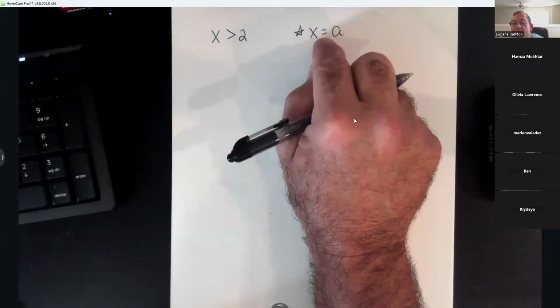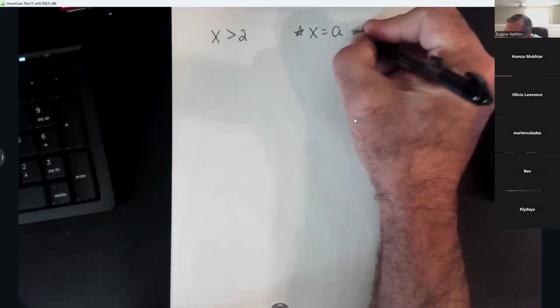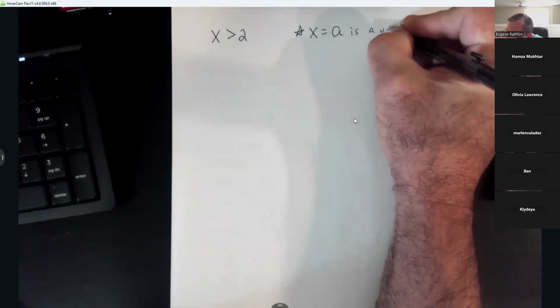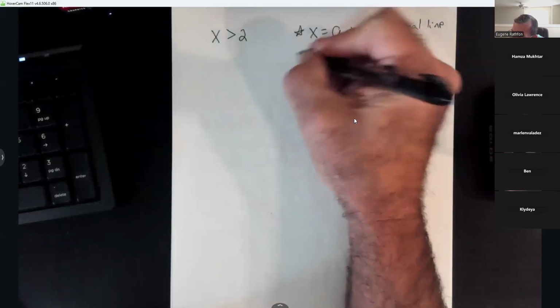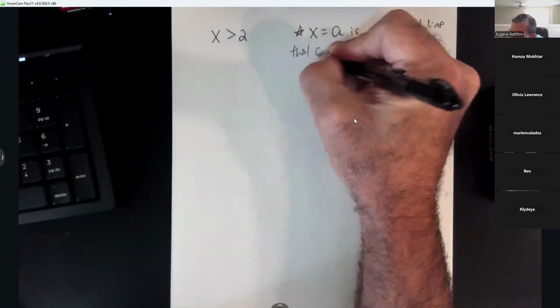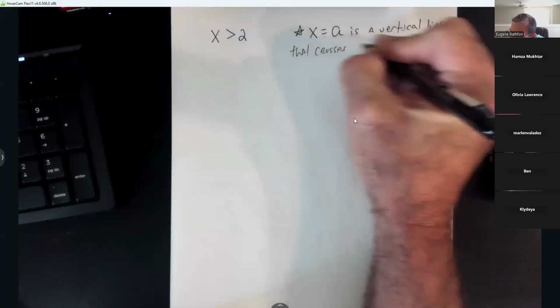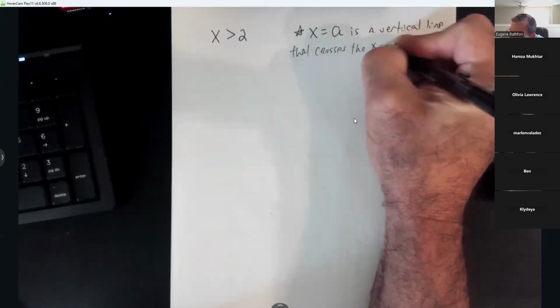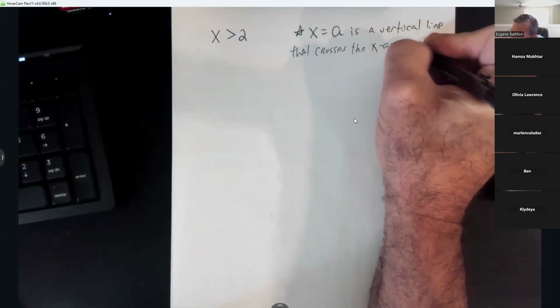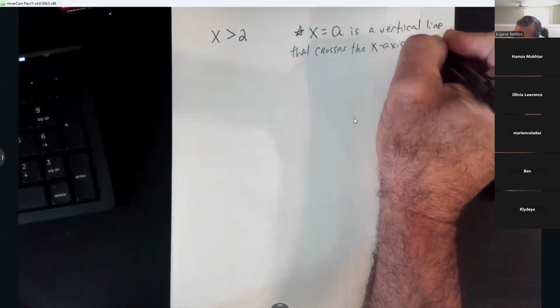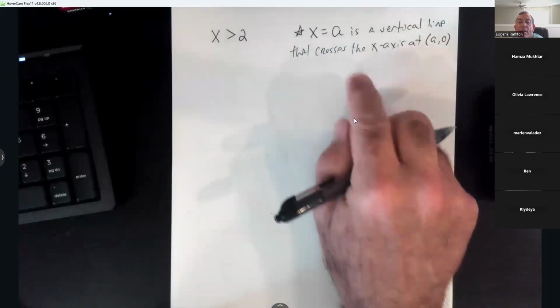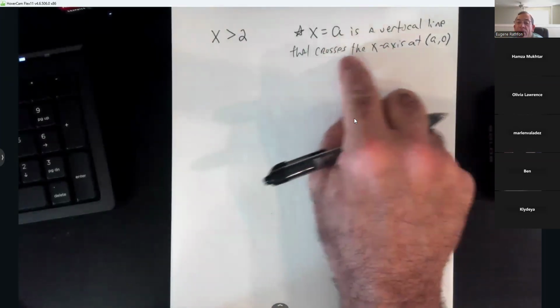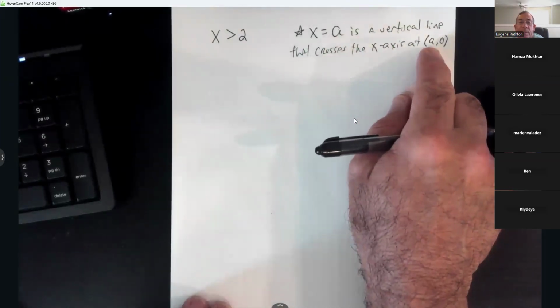But this x equals A is a vertical line that crosses the x-axis at the point A, comma, 0. So these are vertical lines that cross the x-axis at y equals 0.